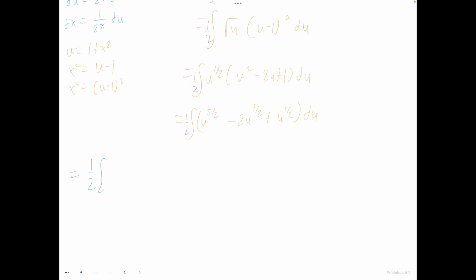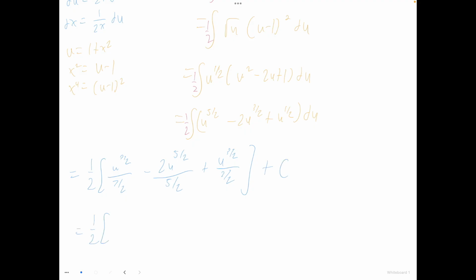So we have u to the 5/2, that becomes u to the 7/2 divided by 7 over 2, minus 2u to the 5/2 divided by 5 over 2, plus u to the 3/2 divided by 3 over 2, plus a constant at the end.